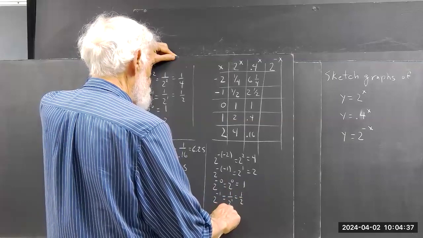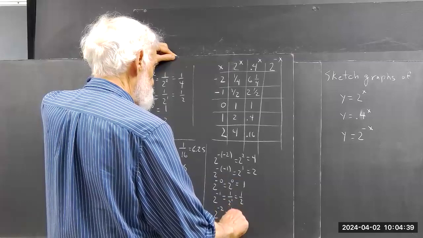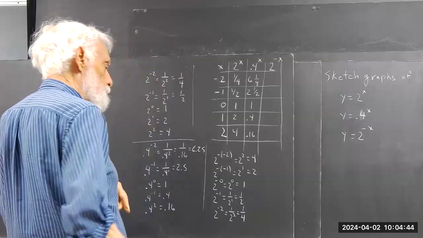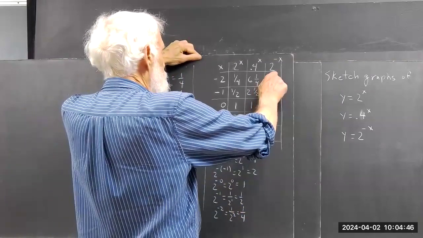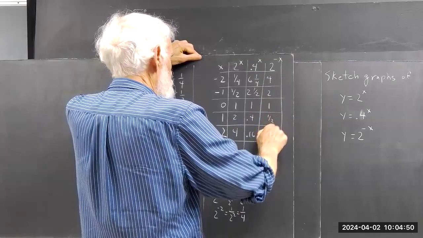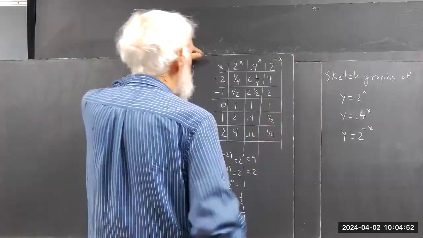And 2 to the negative 2 is 1 over 2 squared, which is 1/4. Okay, so we get the numbers 4, 2, 1, 1/2, 1/4.